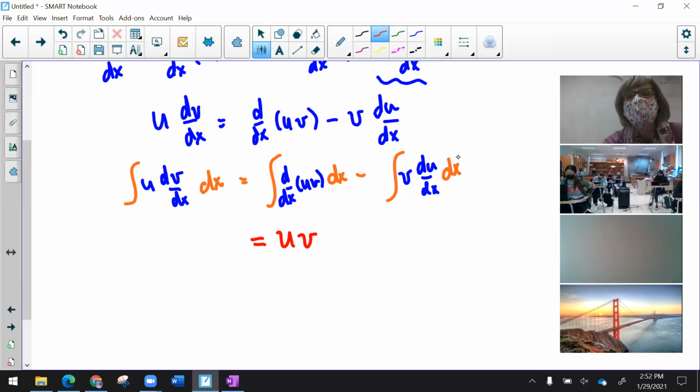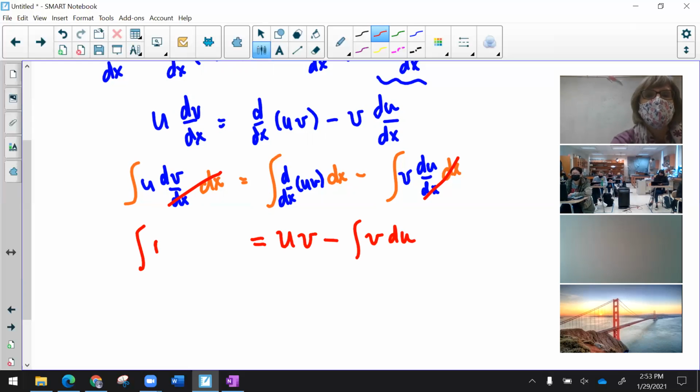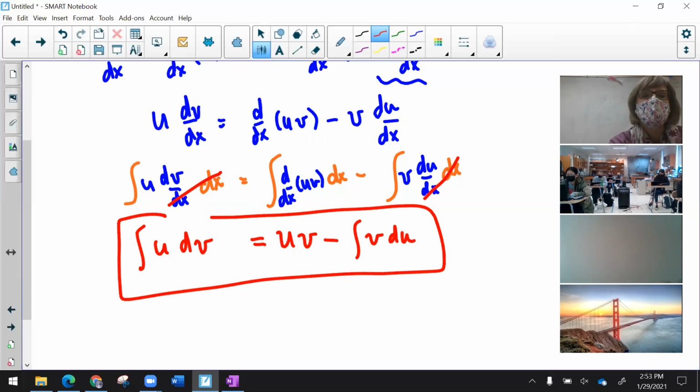And then I can kind of sort of cancel these dx's. I'm sure there's a really big calculus theory thing, and there's some theoretical math professor somewhere that's cringing, but we're just going to say that. So this is going to be v du, and this side is going to be u dv. Okay, which is the formula that you had from your book.